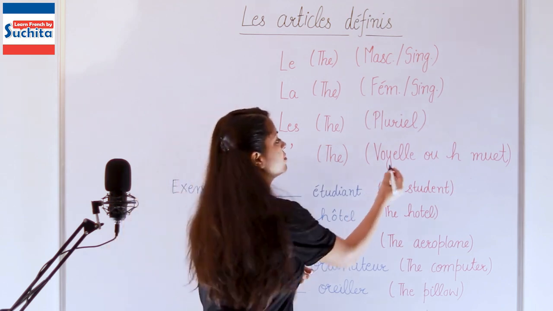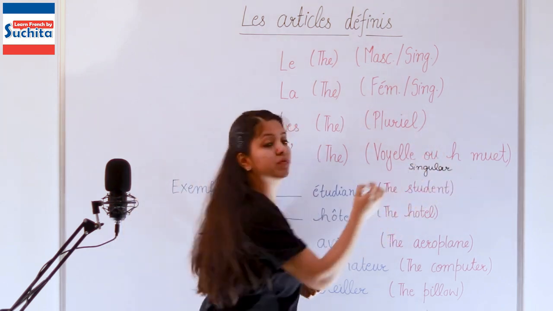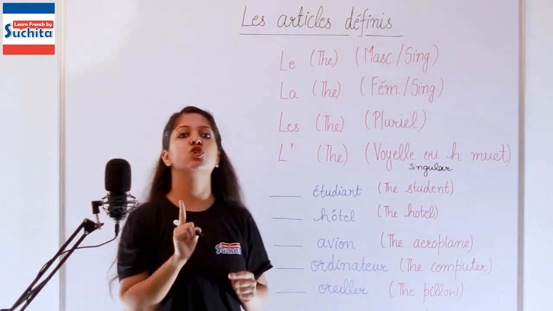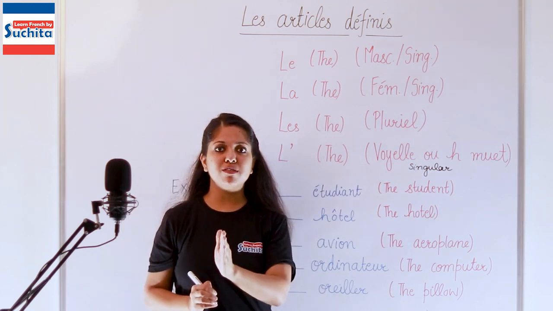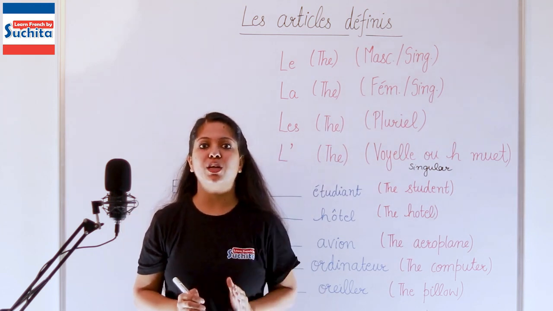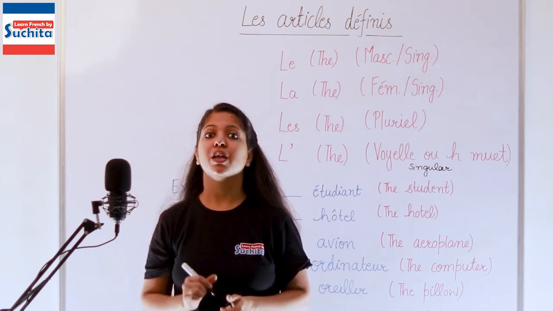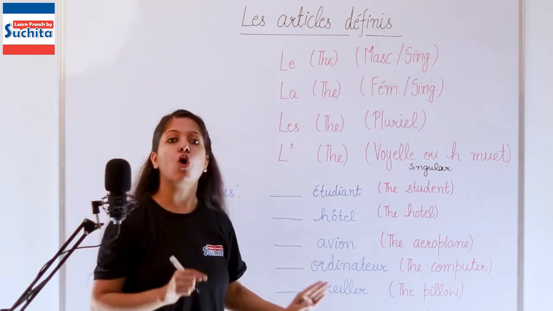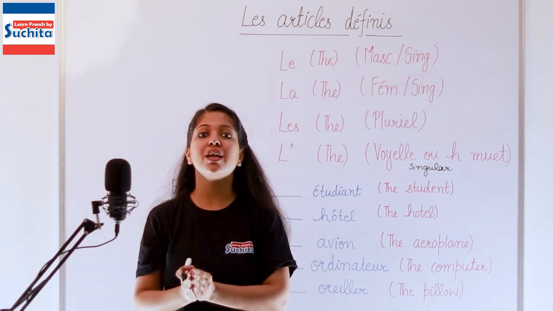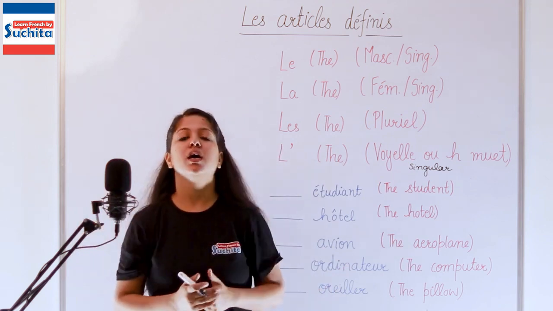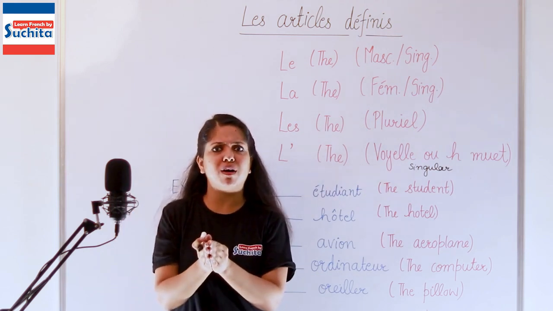Okay? For this, even for this, the noun should be singular. Now see, the noun is singular. The next step that you have to check is, does it begin with a vowel? Now here, I've written all the words, and they're all singular, of course. Très bien. Now if they are singular, the next step you have to check is, do they begin with a vowel?